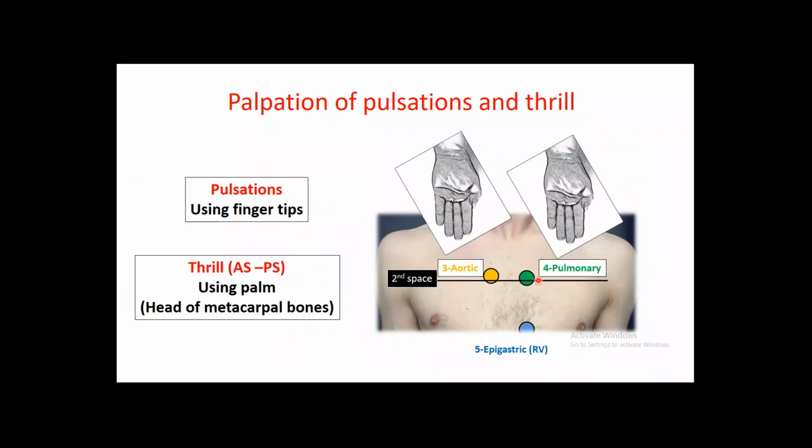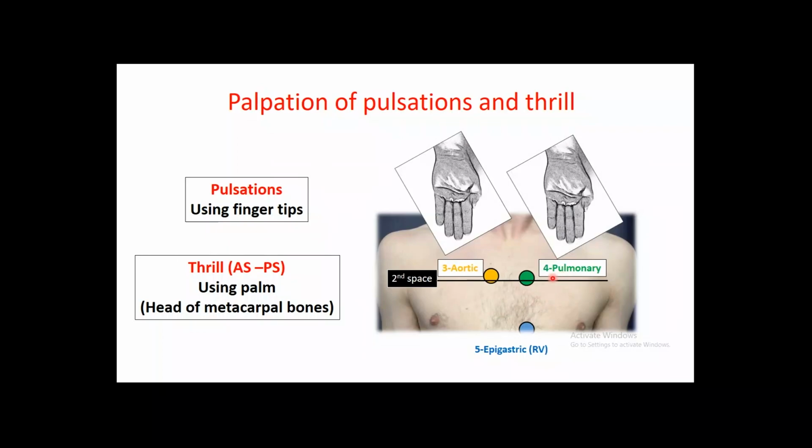Then moving upward for palpating pulmonary and aortic pulsation in the second intercostal space. On the left side is the pulmonary, and on the right side the aorta, using the tip of the finger as seen here. If we appreciate marked pulmonary pulsation, this denotes hypertension or dilatation at this site.